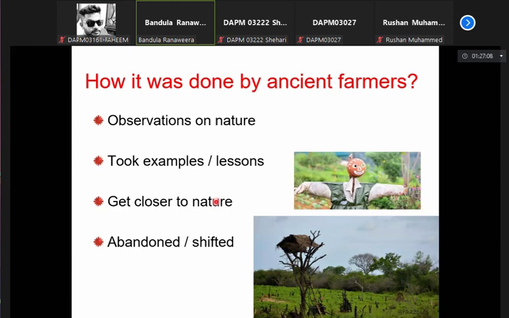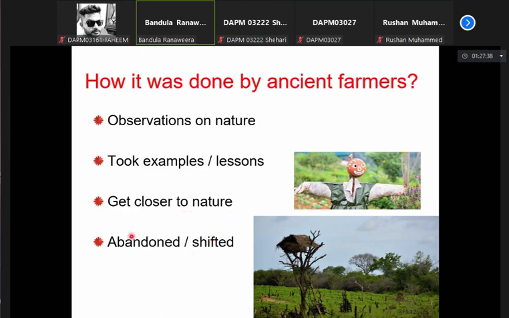Then we say get closer to nature, which does not mean physically getting closer. It is not that we are going to grow crops near natural environments. No. When we say get closer to nature, it means we are preparing our cropping system in a way that it is ecologically similar or near to the natural ecosystem.